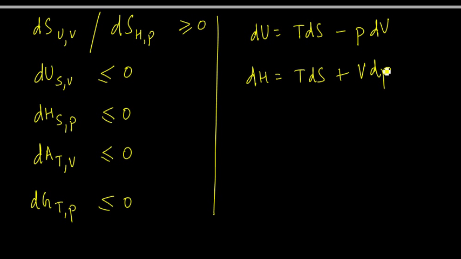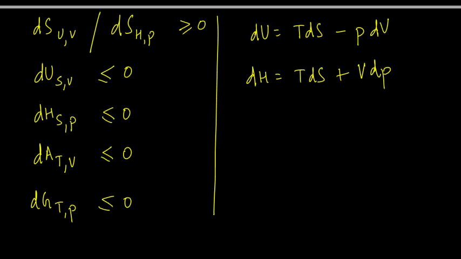Then what else do we have? We could have similar equations for A and G, right? We could actually work it out, because A is equal to U minus TS.